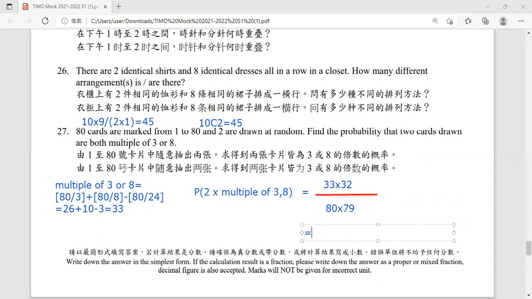So you do some simplification before you multiply. You got the answer, 66 over 395.